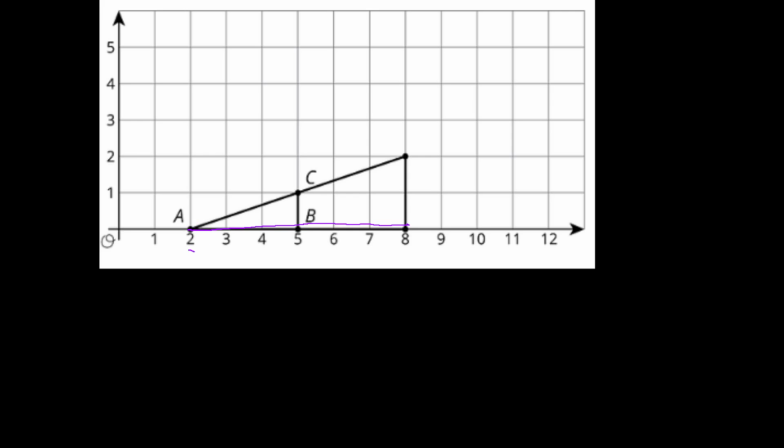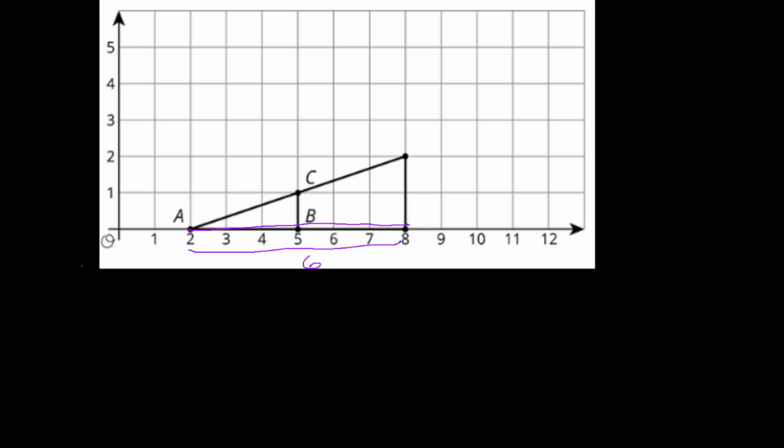Notice that this side length right here is 6 long now. So make sure you're multiplying that distance from the center of dilation by the scale factor and drawing your new line.